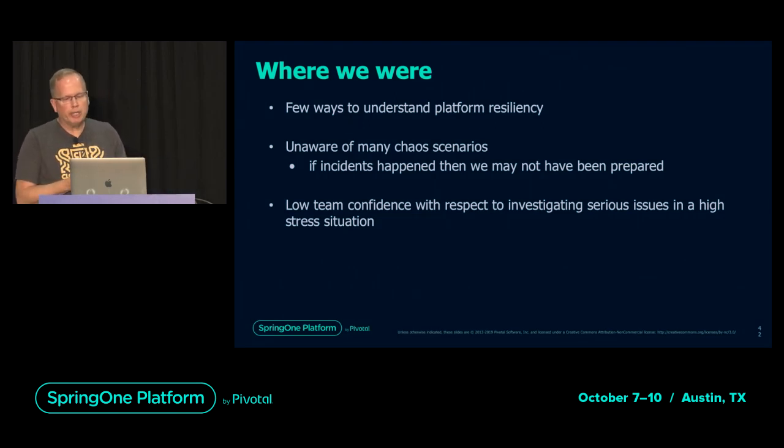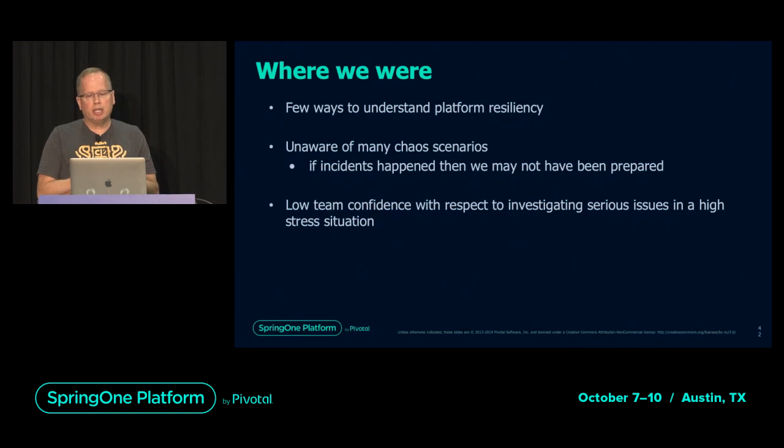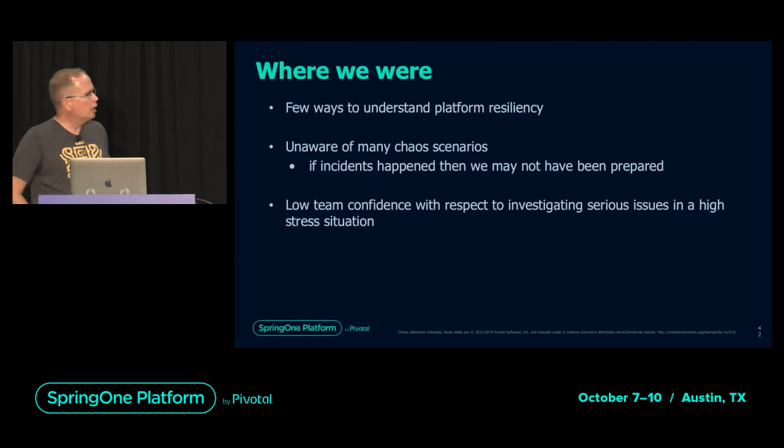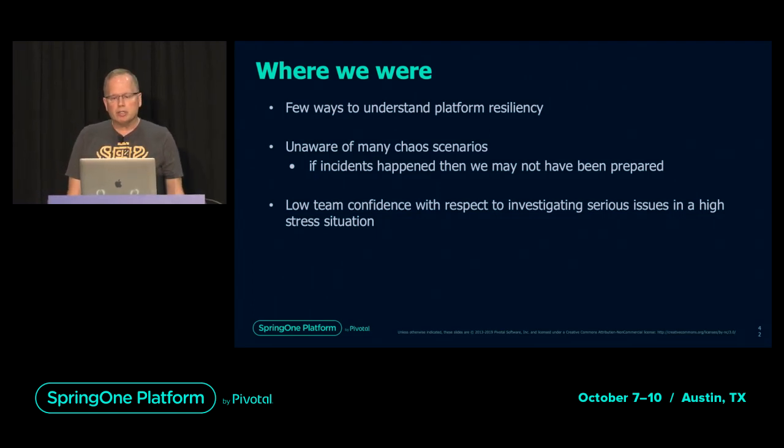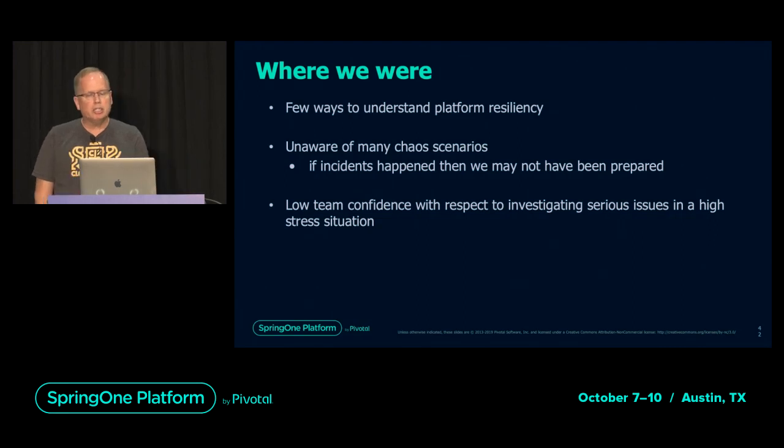Prior to a few months ago, we had limited ways to understand and prove the platform was resilient. We were also unaware of the actual impact in various failure scenarios. We also found that the team had low confidence with respect to investigating issues in high stress situations.